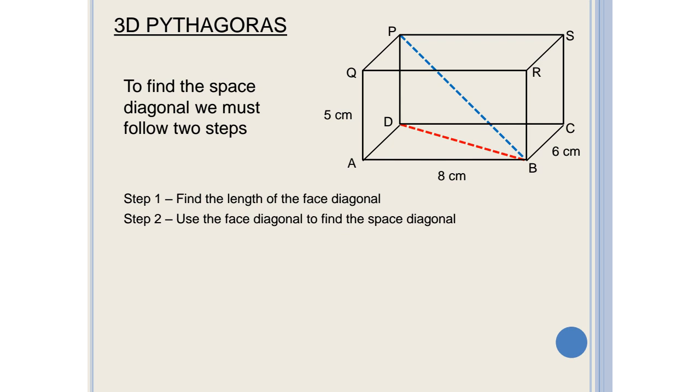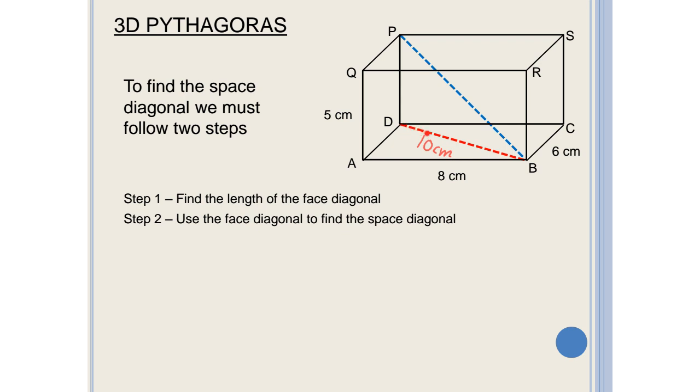Once you've found your face diagonal, then it's always a good idea to mark it into the diagram so that you've got that in there for yourself. And now we're going to try and find the length of the space diagonal. So one of the most important parts about this is being able to spot the right angle triangle. So there wouldn't be a point of finding the face diagonal if I wasn't going to use it.